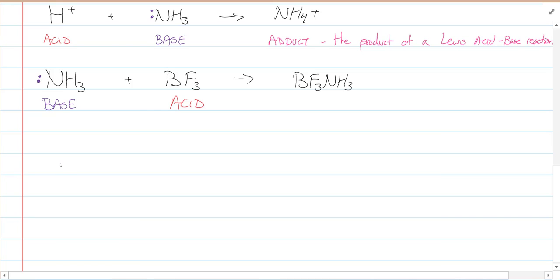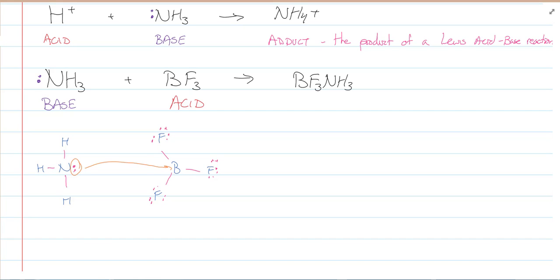Well, if I need to, I can draw N, H, H, H, B, F, F, F. Now, fluorine is not going to violate that octet rule. We're not going to add anything to the fluorine. Boron only has 6 electrons. So what's going to happen is that this lone pair right here is going to go right to the boron. That's what's going to happen.